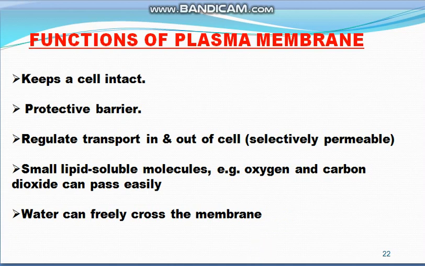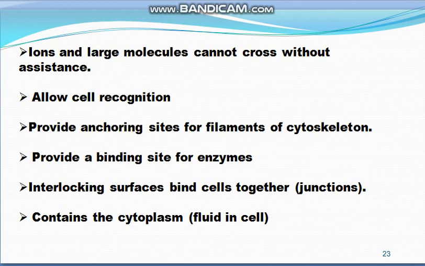So we can say that it keeps the cell intact and it is the protective barrier. Plasma membrane also allows cell recognition. So it separates one cell from the other, and ions and large molecules cannot cross without assistance. So they can cross with the facilitated diffusion type of transport.